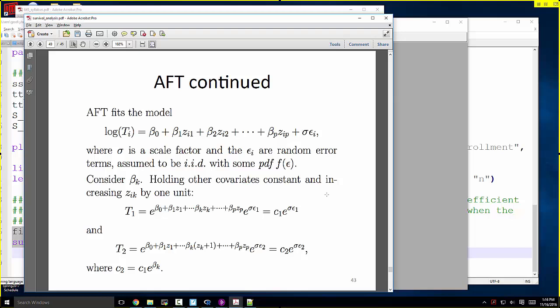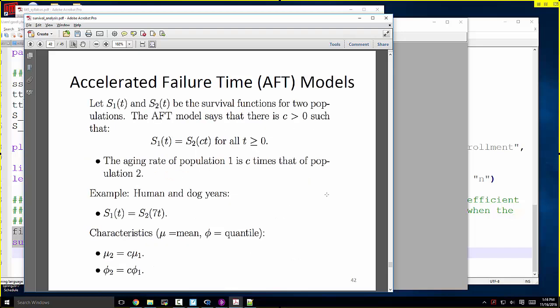What an accelerated failure time model does is, suppose we're comparing two populations, treatment and control, say. An AFT model says that there is a constant C bigger than 0 such that the survival in the control group at time t is equal to the survival probability in the treatment group at time c times t.